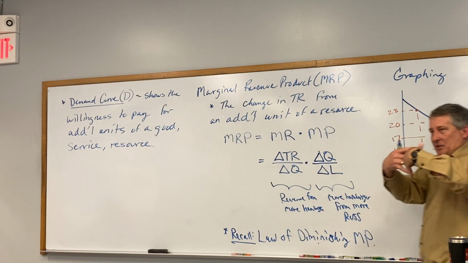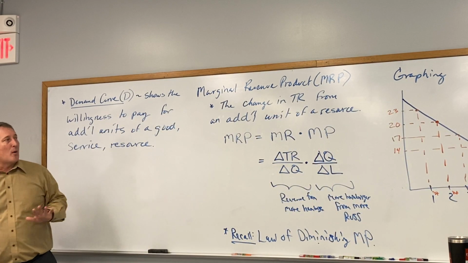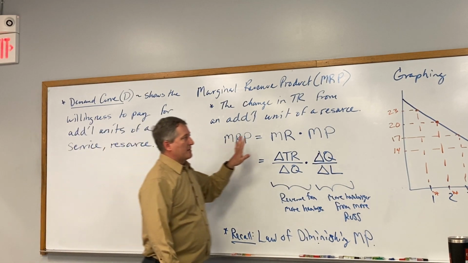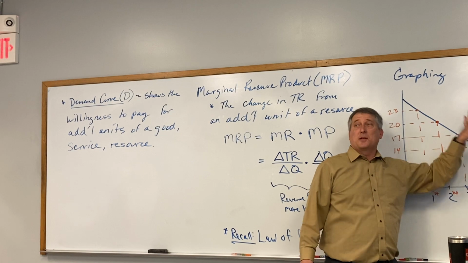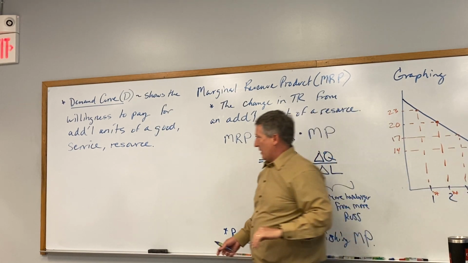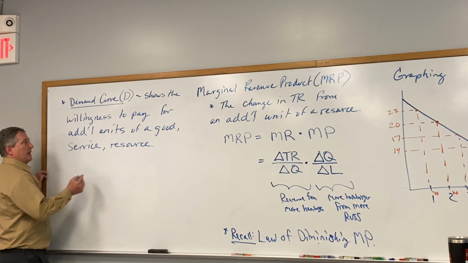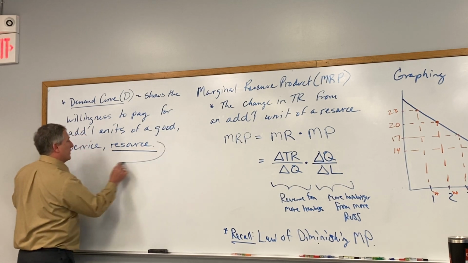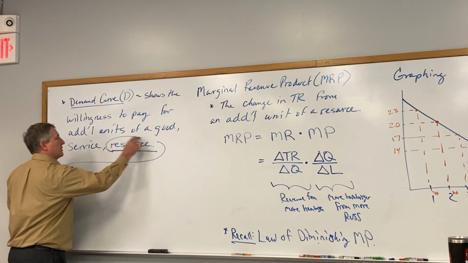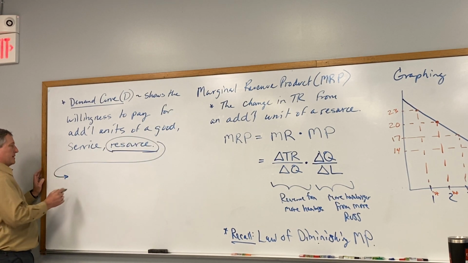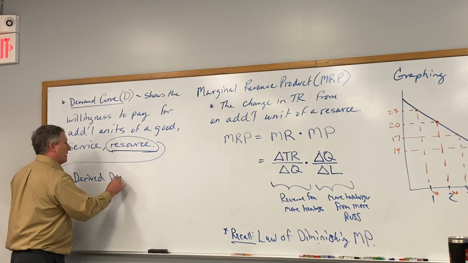So they're intertwined now, where we've got the demand for our product, but then we also derive the demand for the resources used to make that product. So the demand for a resource is often referred to as a derived demand curve.